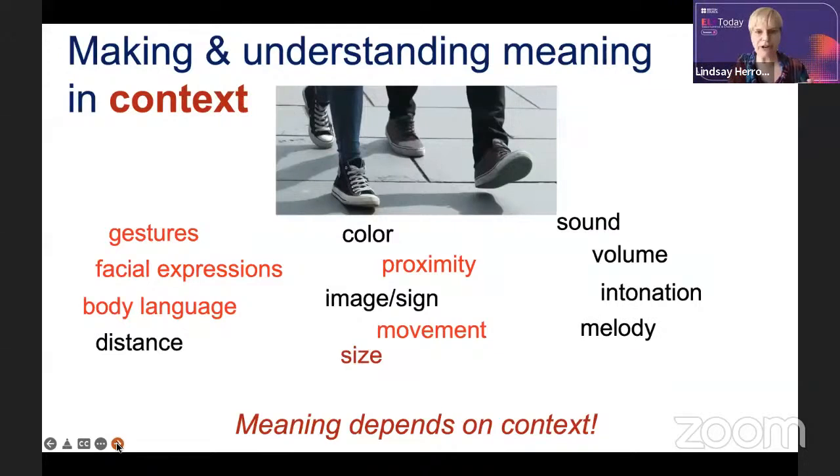Are they much bigger than you? The way you understand it depends on the context. Is it a totally open space with this person that you don't know who is much bigger than you, walking very fast behind you? You would interpret it differently than if there were a small child that you know who's smiling and laughing. It's a totally different situation, right? But you're interpreting the modes depending on the context.